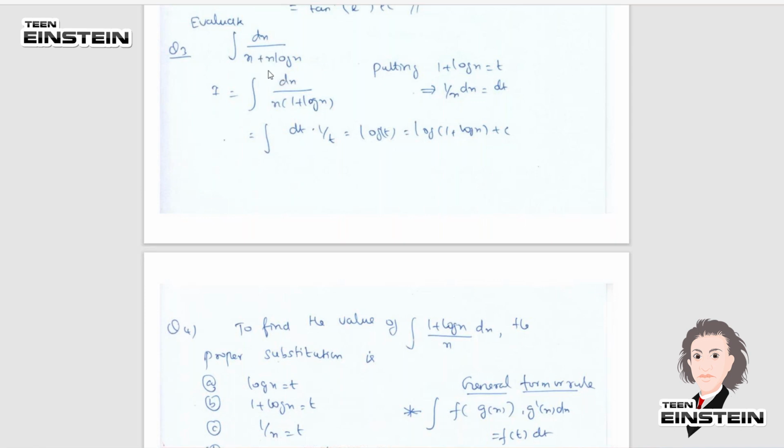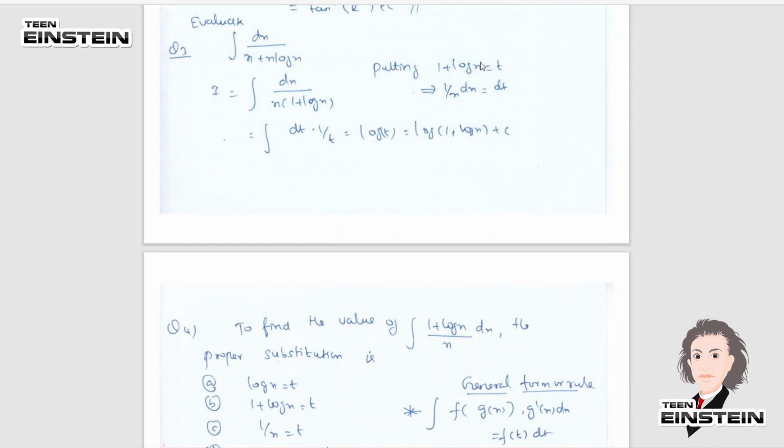Here x is common in the denominator, so first take it outside. So x into 1 plus log x. First try to make it in the simplified form. Now we can use the substitution that 1 plus log x equal to t.